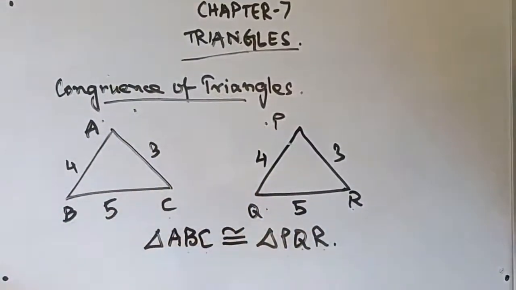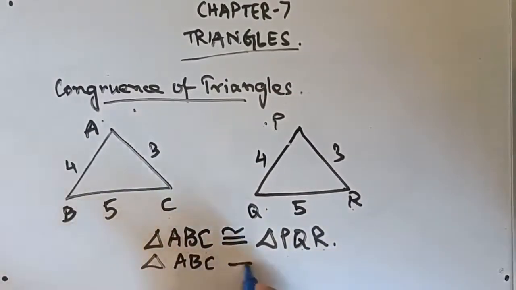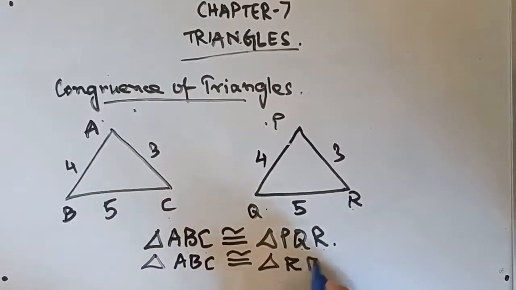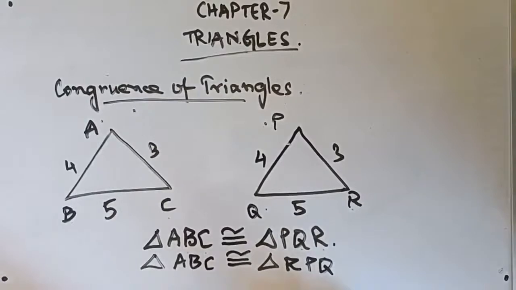If you happen to write triangle ABC is congruent to triangle RPQ, then this will not be a correct representation of the symbolic form, as the corresponding vertices are misplaced. So it is very important to write the corresponding vertices in their correct places while writing the symbolic form for congruence of triangles.